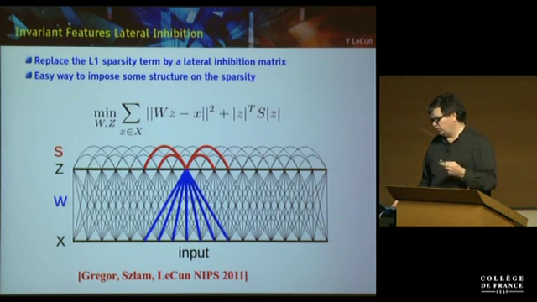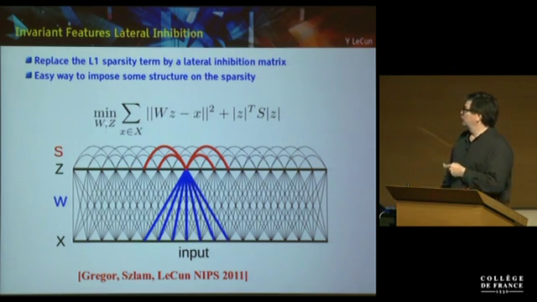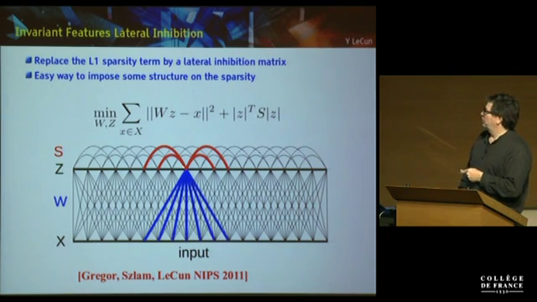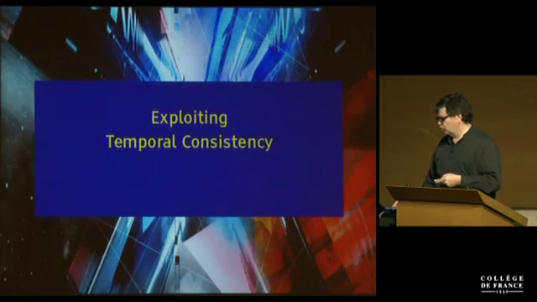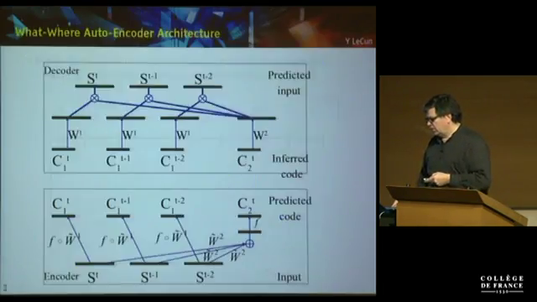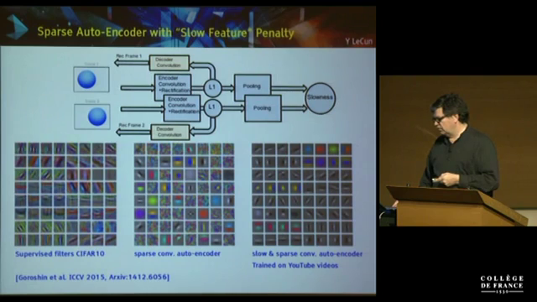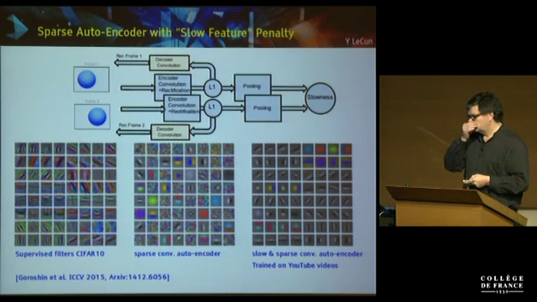It was the sparse encoding. The other methods based on lateral inhibition, more similar to what we see in biology, but it's a bit more obscure. I'll skip this.